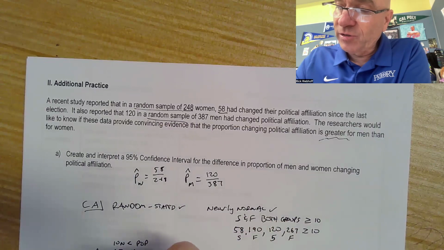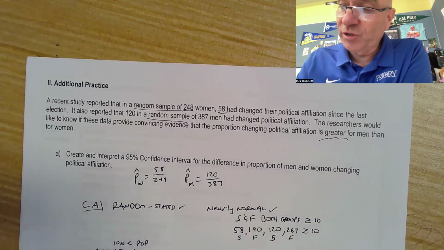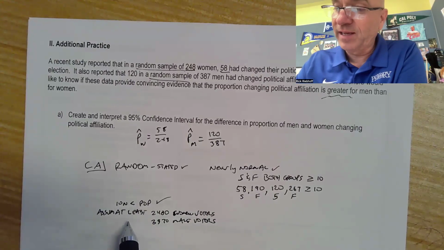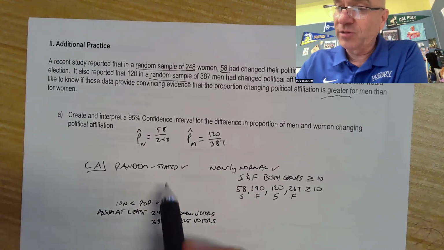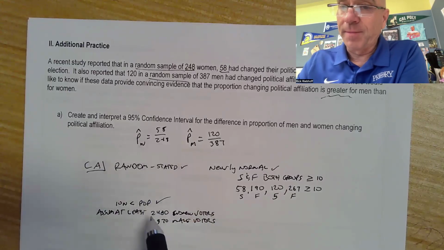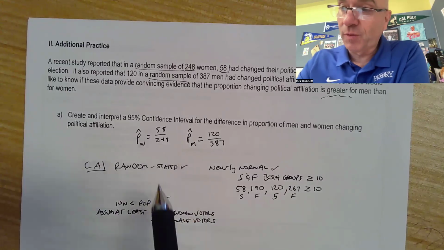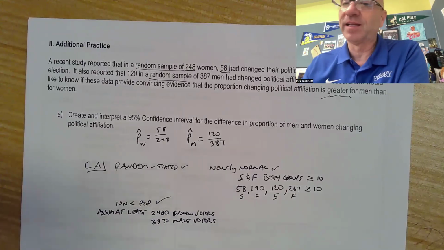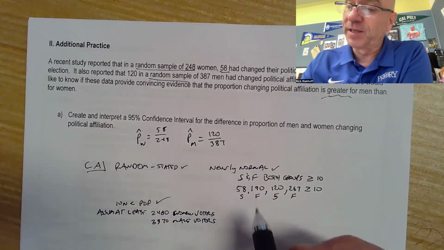I'm going to write assume or safe to assume. So I like that one. That one's good. So safe to assume at least 2,480. I just multiplied that by 10, right? Our population needs to be big enough to support the samples of these two sizes, right? So we got to multiply by 10, and that's the minimum of the population size.